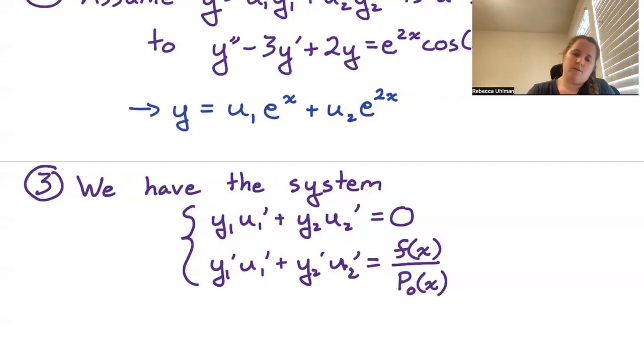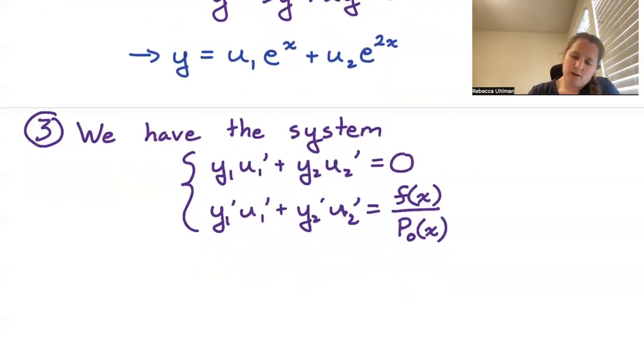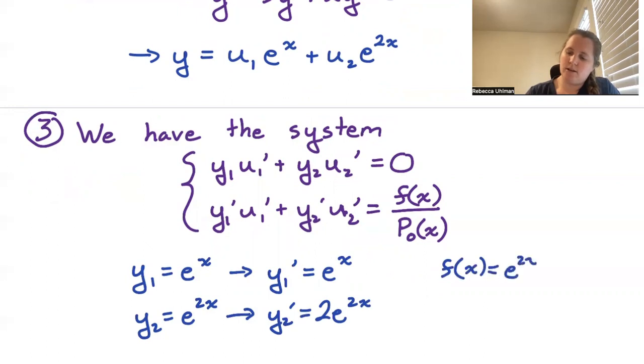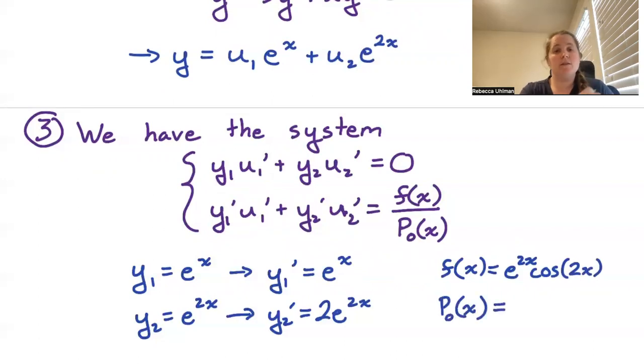In our system, y1 was e^x, so y1' is just e^x. We had y2 was e^(2x), so y2' is 2e^(2x). Our f(x) is the right-hand side of our equation, e^(2x) cos(2x). Our p0(x) is the coefficient in front of y'', which in this case was just 1.